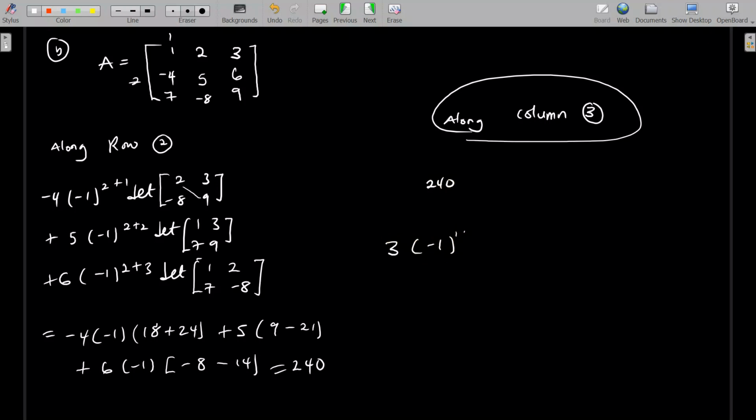And the determinant when you cancel row 1 and column 3 is the determinant of -4, 5, 7, -8, plus the rest. That is your task to do. When you go through all these elements, I'm done with the 3, so you take the 6 and do the same thing, and the 9, do the same thing, and you should get 240. All right.